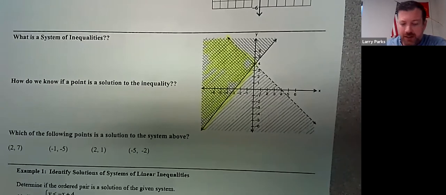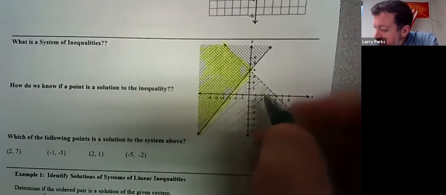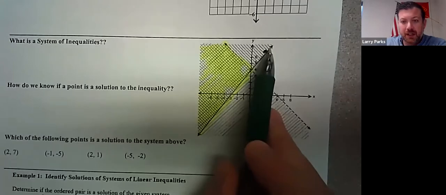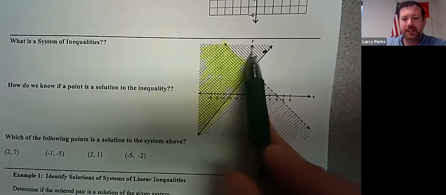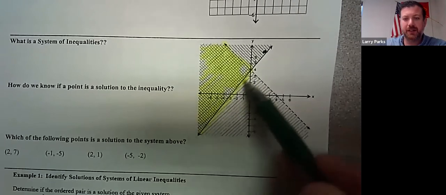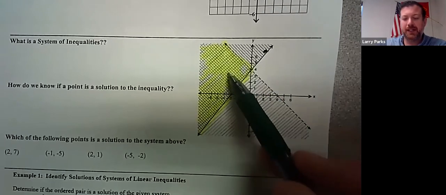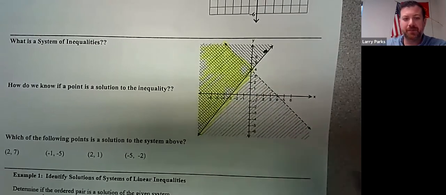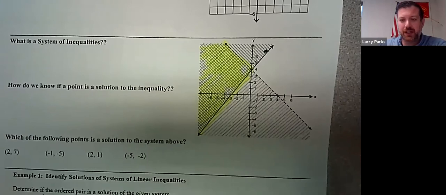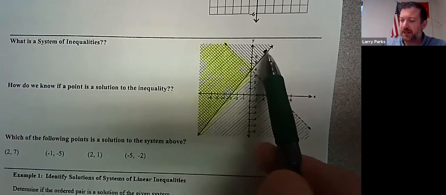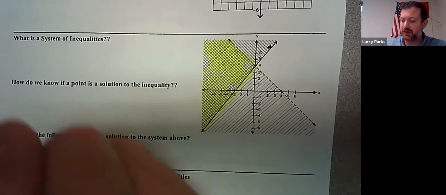Is (2, 7) a solution? (2, 7) is a solution to this inequality because it's above, but it is not a solution to this inequality, which is below. In order for it to be a solution, it must be in this area called the feasible region. So I would say, no, that is not a solution.